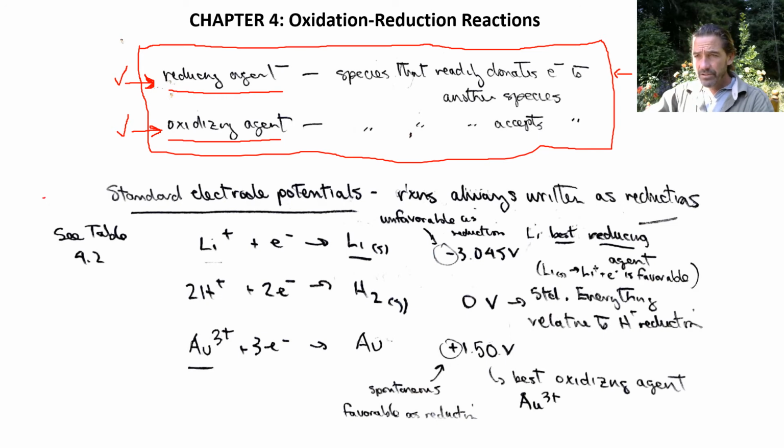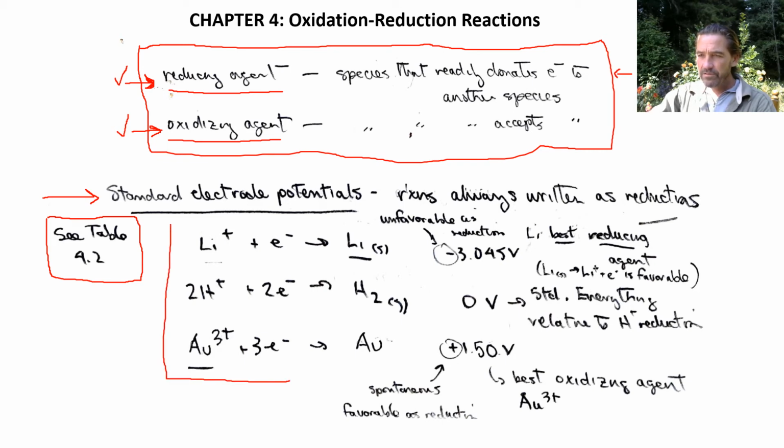So let's look at the numbers. In the next slide, I'll show you table 4.2 out of our text, and we will expand this smaller subset of standard electrode potentials that I have here.